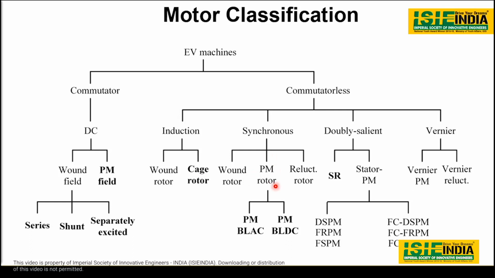Synchronous, in the PM synchronous motors, right, permanent magnets, brushless AC and brushless DC, right? This is one thing you can understand. So here you can see PMSM, permanent magnet synchronous motor. That is the brushless AC motor in other words, right? Both you can use for traction. There is no issue. Doubly salient, SR, what is that? SR? Switched reluctance.